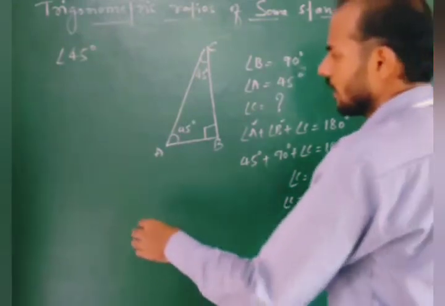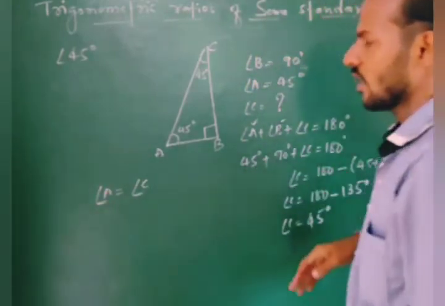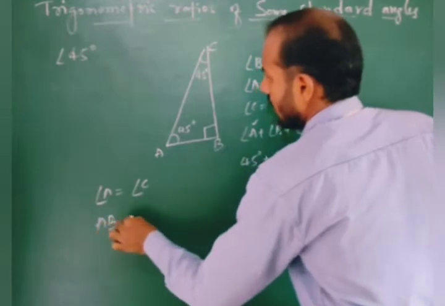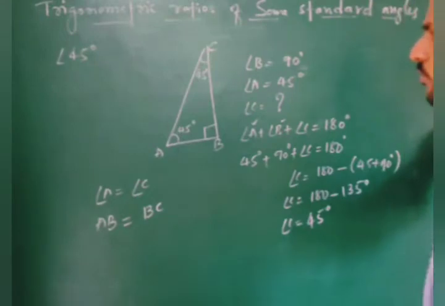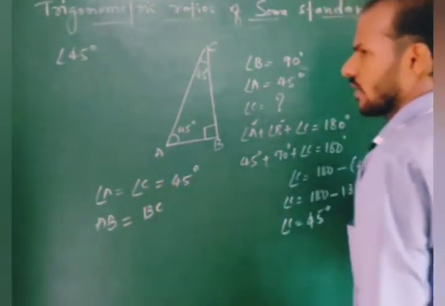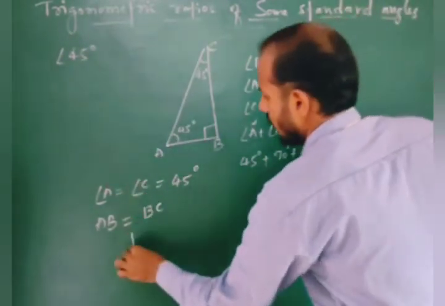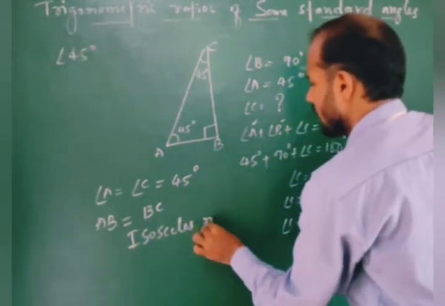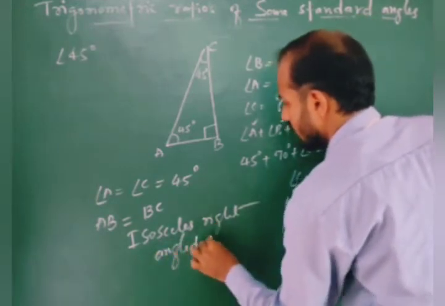When angle A equals angle C, or you can say AB equals BC, where angle A equals angle C, which is 45 degree, then this type of triangle we call an isosceles right angled triangle.